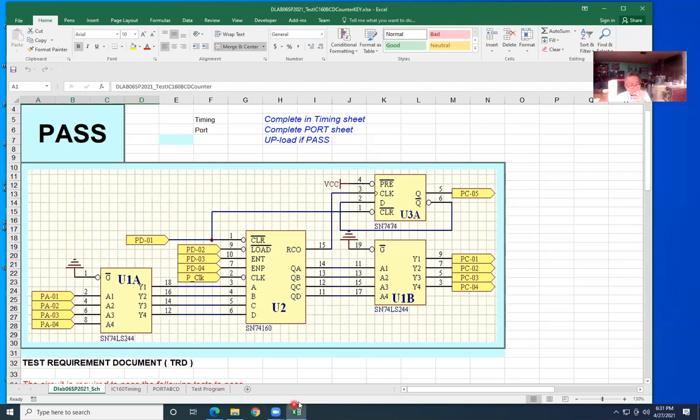U4, 20 pins. Pin 1, control input A1 to output Y1. Pin 19, control pin, input 11, 13, 15 to 9, 7, 5, 3.